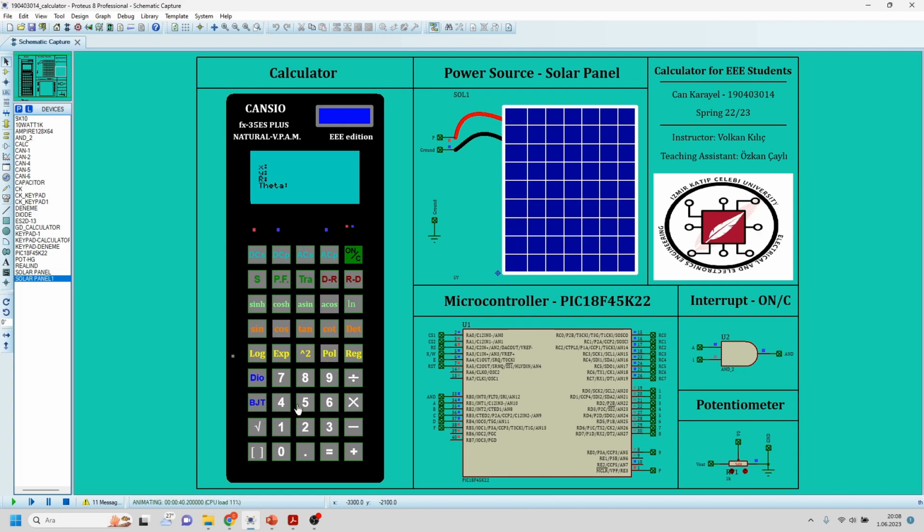Polar to rectangular form. X is the real part of our number and y is the imaginary part of our number. We can see the radius and theta values on the display.